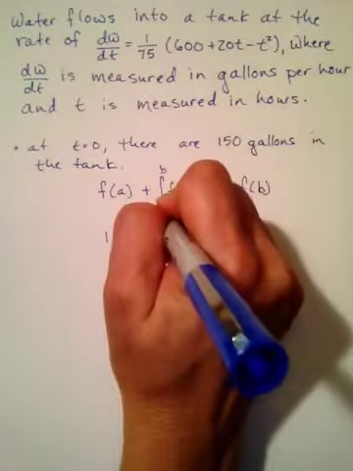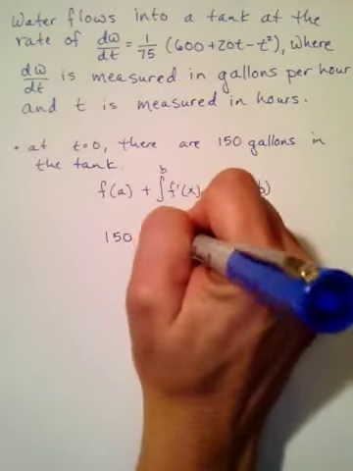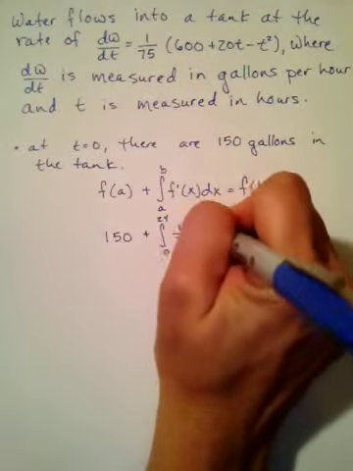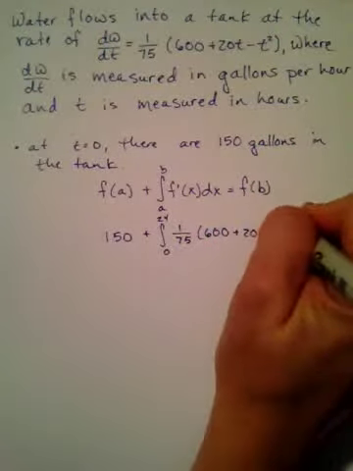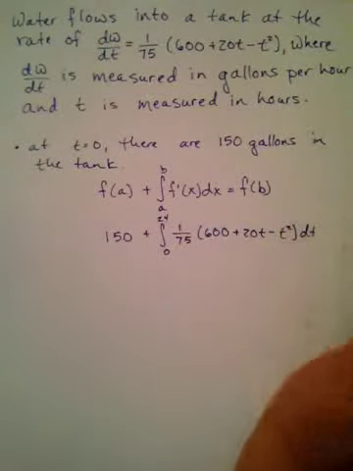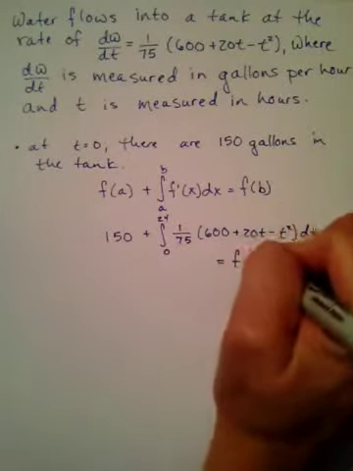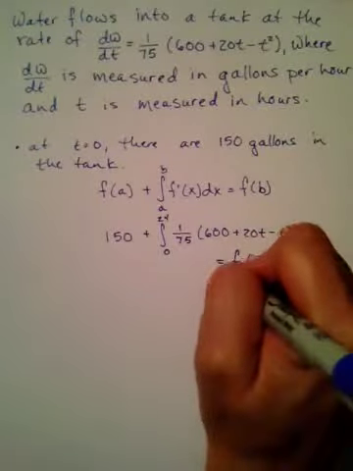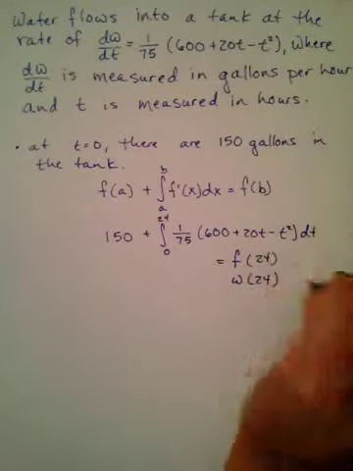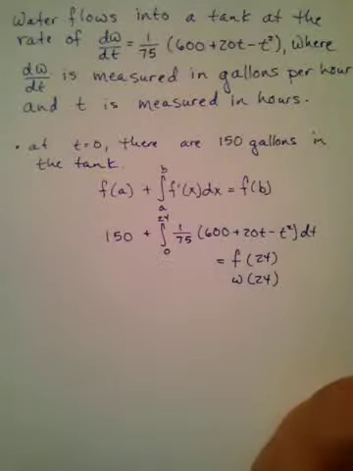So I want the net change from 0 to 24 of my function, my rate, dt. And this would give me the f of 24, which in this case would be W of 24. It would be how many gallons are actually in the tank at time 24.